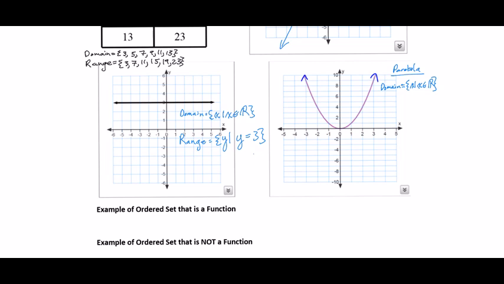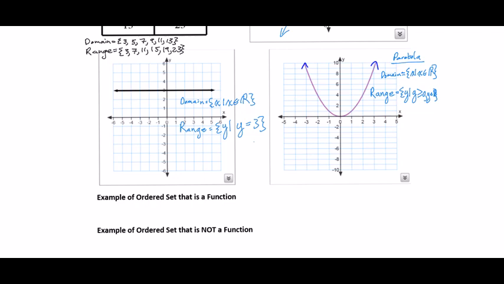So we're going to say our range, where our y values take, is y such that y is greater than or equal to 0, and y is any number on the real line. So basically, all the numbers that are bigger than 0. That is what we always say for parabolas that open up, especially when we know where their bottommost value for y is. In this case, it is 0.